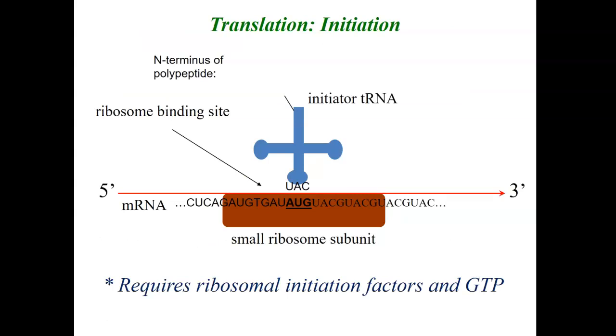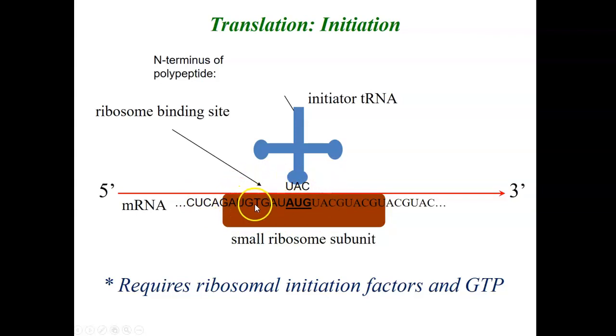When we're talking about prokaryotes, the way this will begin is not at a 5' cap, but we're going to have a particular ribosome binding site. And as I said, whether we're talking about prokaryotes or eukaryotes, the initiation of translation is going to begin at an AUG. The small ribosomal subunit is going to interact with the mRNA because we've got this ribosomal binding site.